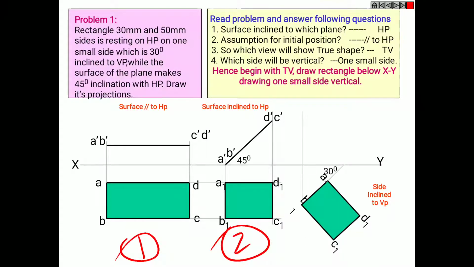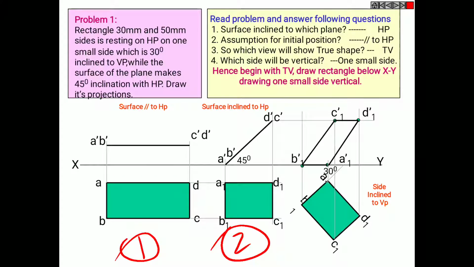Now taking the projections from all the points, we need to mark the points from A dash to A, B dash to B, C dash to C, and D dash to D. Now by joining all the points A, B, C and D, we will get a quadrilateral type of figure.